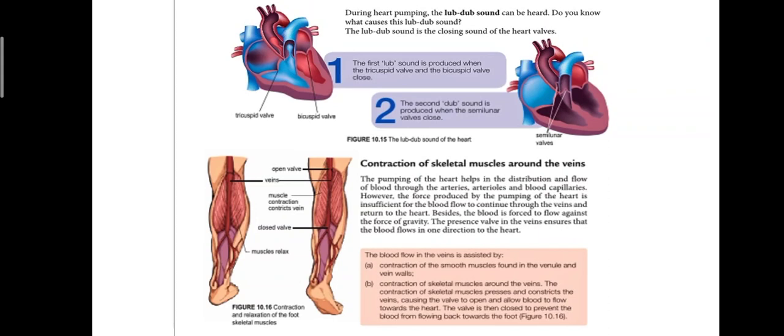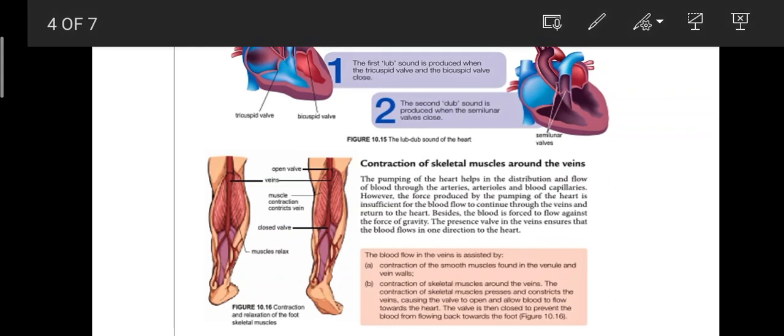Okay. So the blood flow in veins is assisted by contractions of smooth muscle found in the venule and vein walls. The first one. Second one is contractions of skeletal muscle around veins.